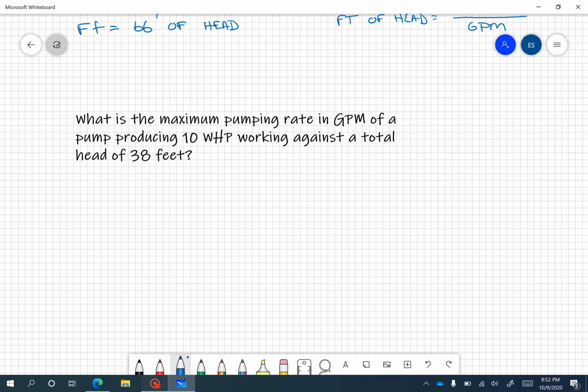And we are going to do the same thing here. Remember our formula, gallons per minute times feet of head divided by 3960 equals water horsepower.